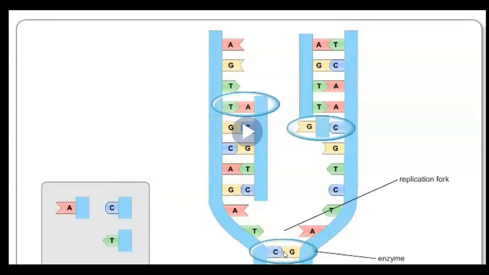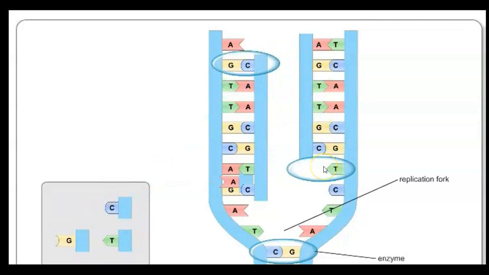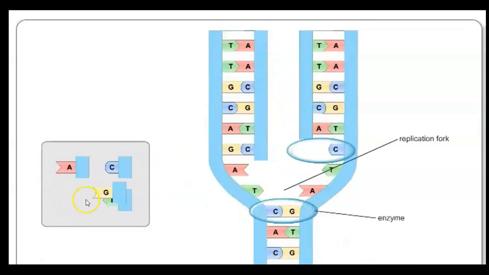So when the base pairs are added moving in the direction away from the replication fork, we call that the lagging strand. And then the strand that gets built toward the replication fork is called the leading strand. So this is the lagging strand getting built, and this is the leading strand getting built.